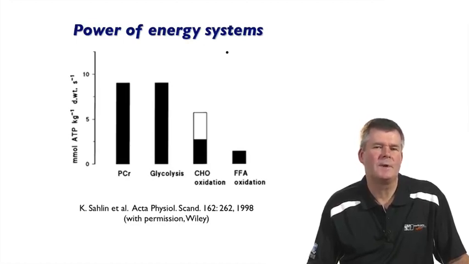And this explains the often made observation during prolonged endurance type events, when athletes run out of carbohydrate, often described as hitting the wall, they have to slow down because they rely more heavily on fat with a lower power output.